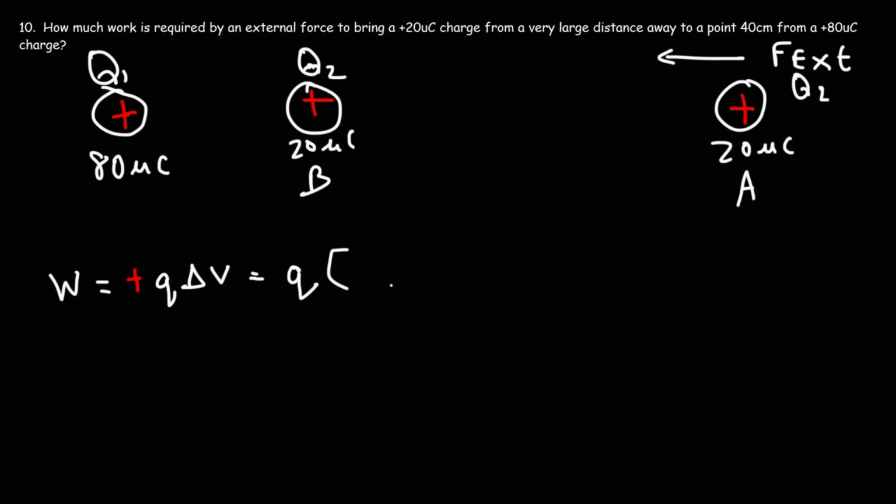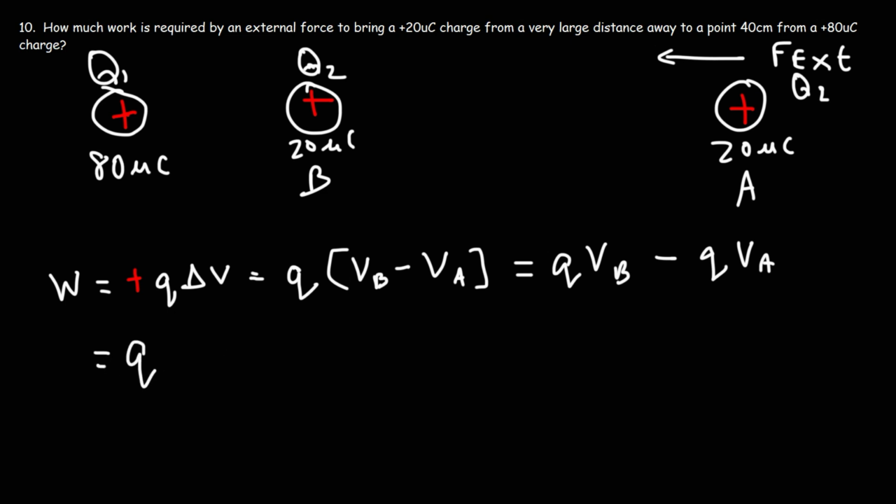We're going from A to B. So A is initial, B is final. It's going to be VB, the potential at B, minus the potential at A. Now let's distribute Q. So it's Q VB minus Q VA.